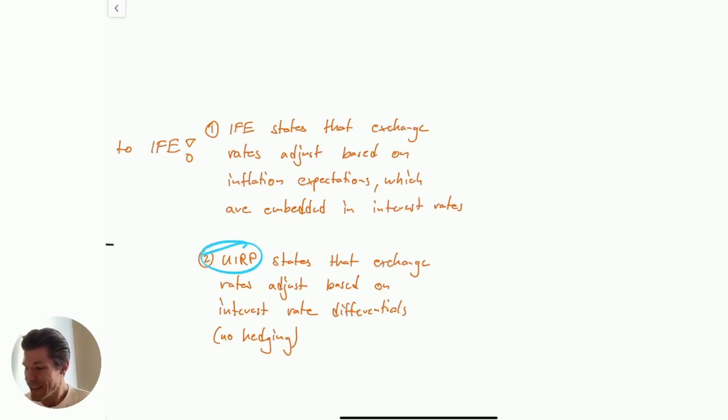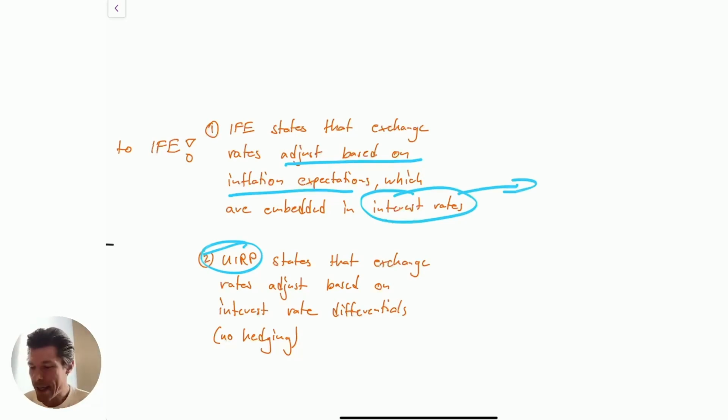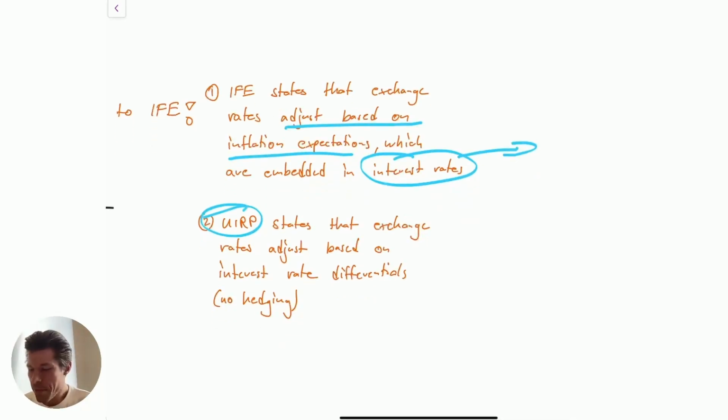International Fisher effect states that exchange rates adjust based on inflation expectations. So actually we have used the International Fisher effect formula here, but it's the same formula, with inflation embedded in interest rate. If interest rate changes, it already assumes a change in inflation, which then leads to the pound depreciating in our scenario. Uncovered interest rate parity, same formula, states that exchange rates adjust based on interest rate differentials, no hedging.